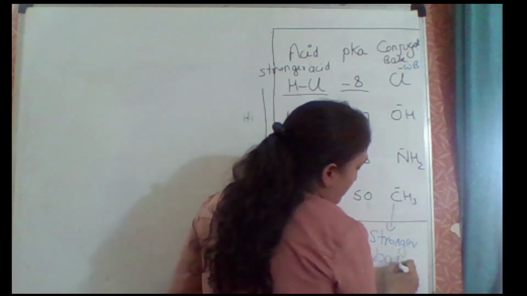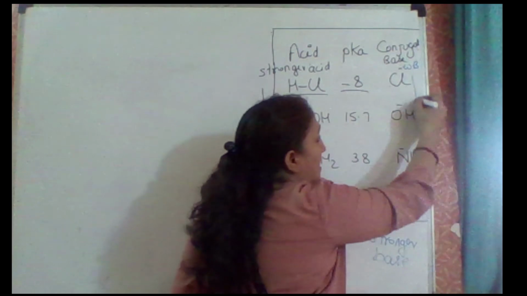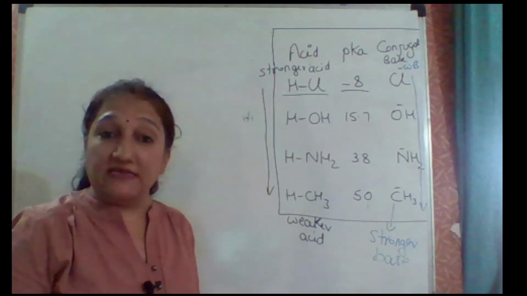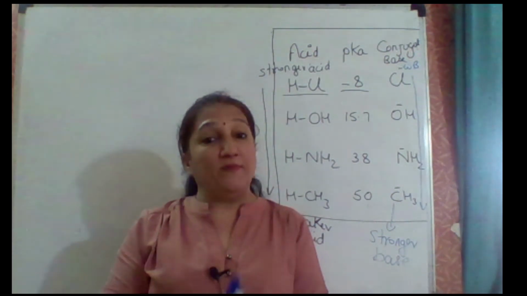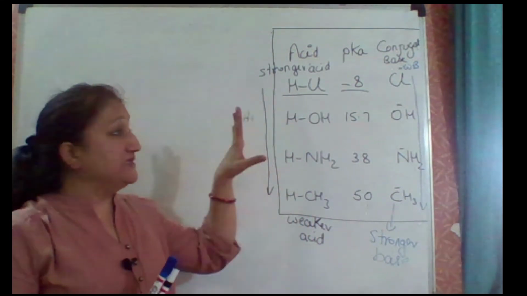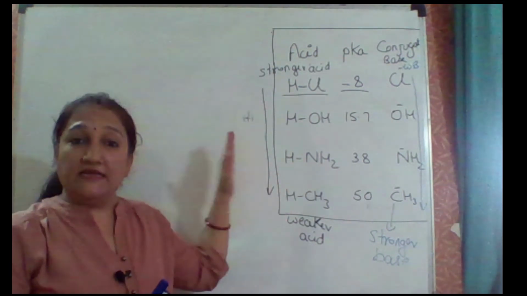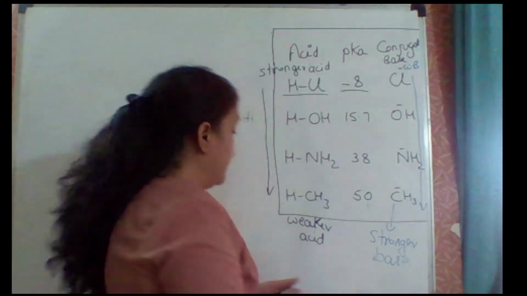This means on moving down the table, the basicity of the conjugate base increases. This is a point to be kept in mind always. In the pKa table, as we move down the table, the acidity decreases and the basicity increases.